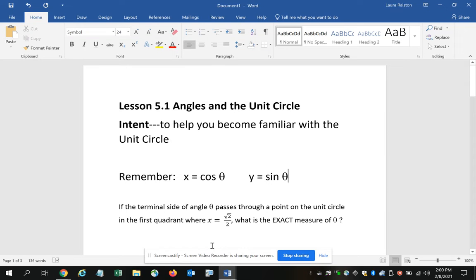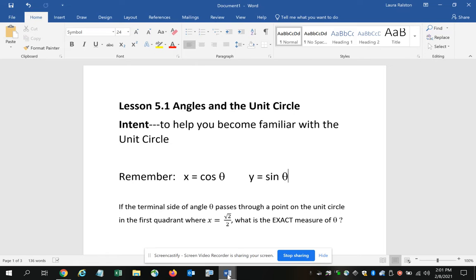Several of you appear to be having issues with lesson 5.1, which is entitled Angles and the Unit Circle. The questions that you seem to be having trouble with are intended to help you become familiar with the unit circle. It's primarily focusing on, at least in this lesson, just the first quadrant of the unit circle.